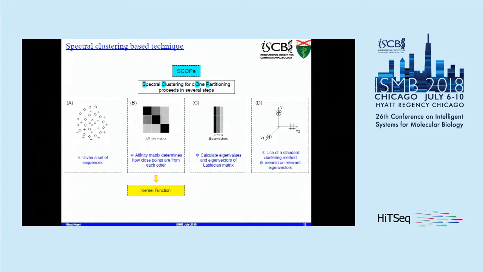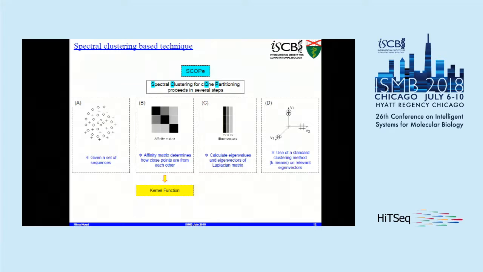The affinity matrix determines how close or far away these sequences are from each other. It's kind of a weighted matrix. And then from that affinity matrix, we calculate the Laplacian of that matrix. We eigendecompose that Laplacian matrix, calculate the eigenvectors and eigenvalues, and we simply perform K-means clustering, a standard clustering technique, to define which sequences are clonally related or not.